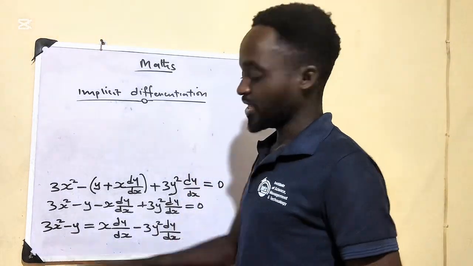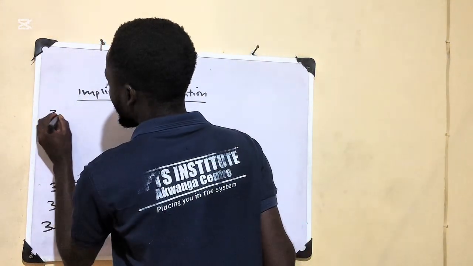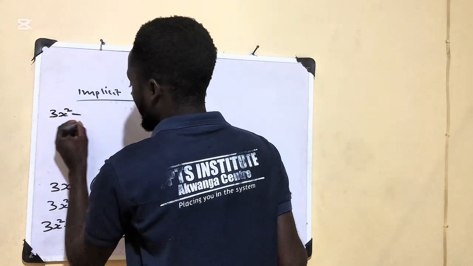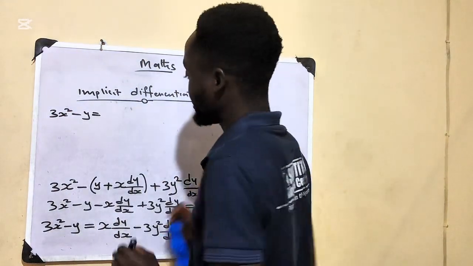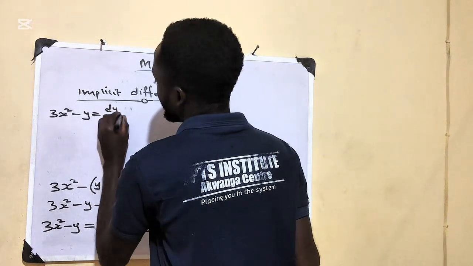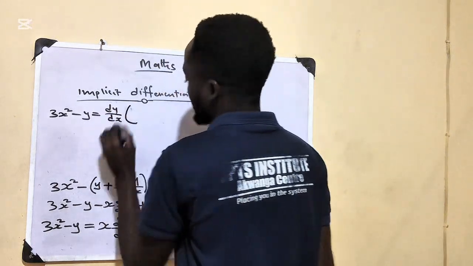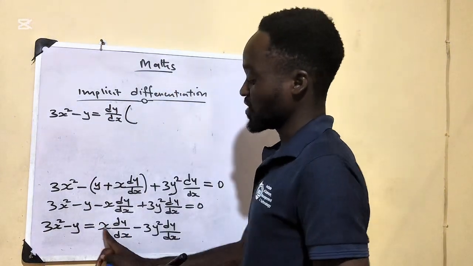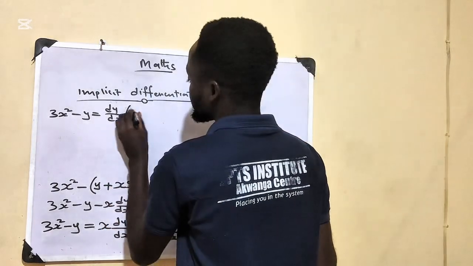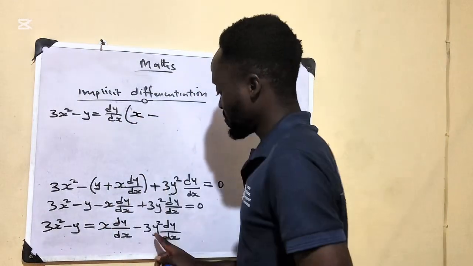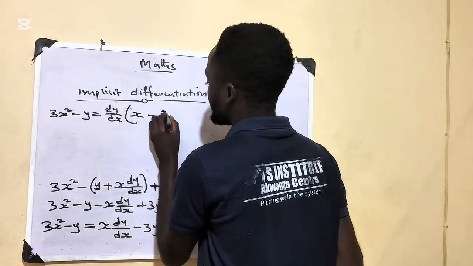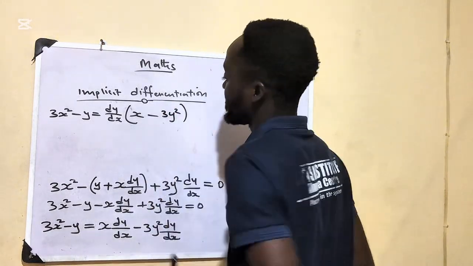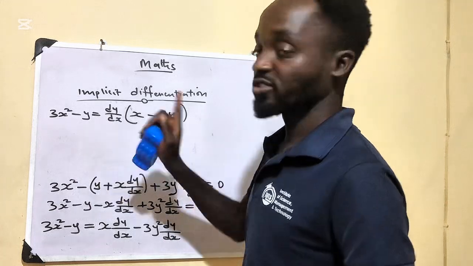So if I do that, I'm going to have 3x squared minus y is equal to, so if I factor out dy/dx here, I'm going to have dy/dx open bracket. If I remove dy/dx, what is left is only x, so we'll write x minus, also if I remove dy/dx here, what is left is just 3y squared, so this is going to be 3y squared. So from here I want to make dy/dx the subject of the formula.